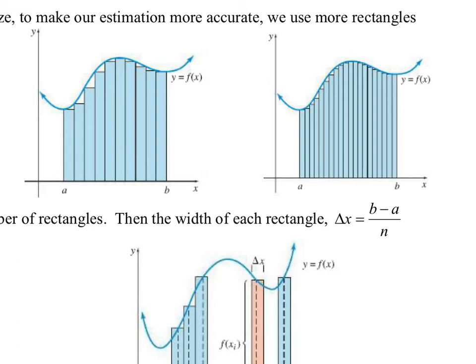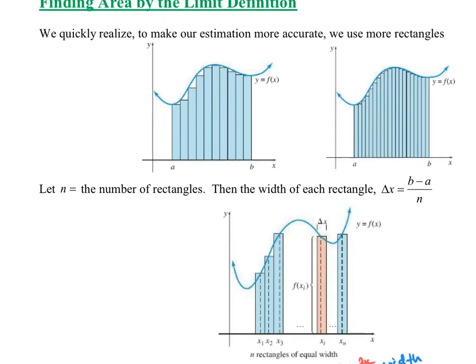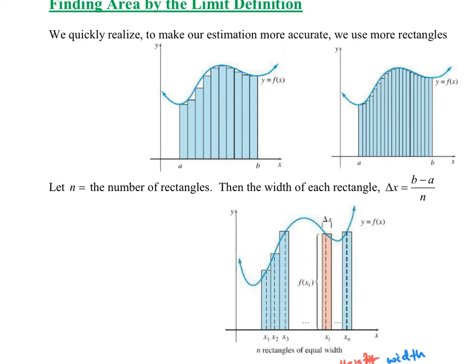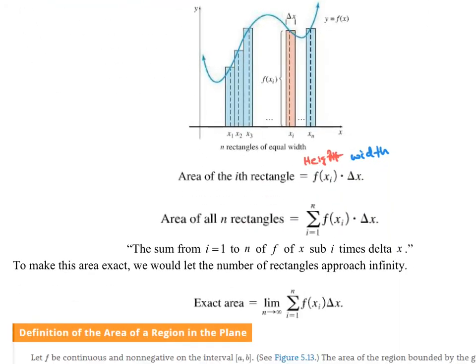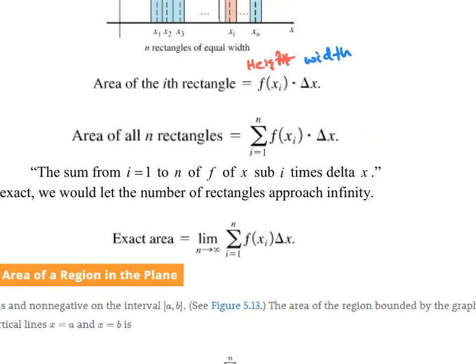Well, think about what the number of rectangles was. The number of rectangles was the letter n. So we want n here to get bigger and bigger and bigger. So if n is getting bigger and bigger and bigger, we want n to actually approach the number infinity. And this is where limits come in.